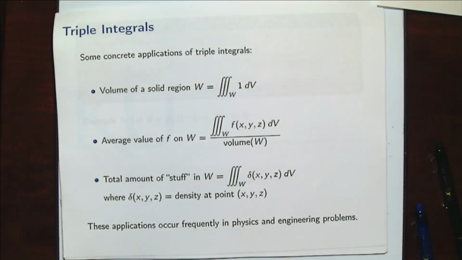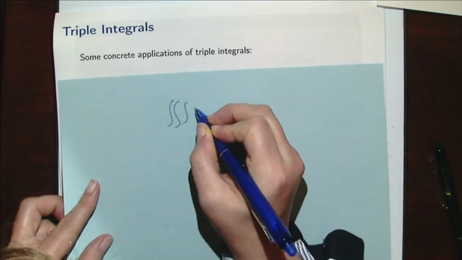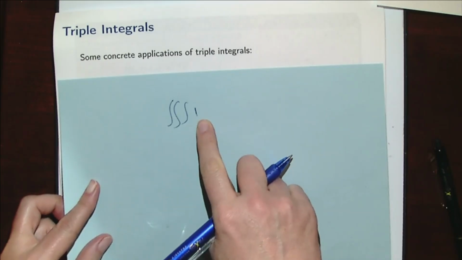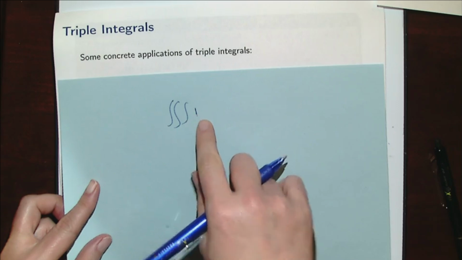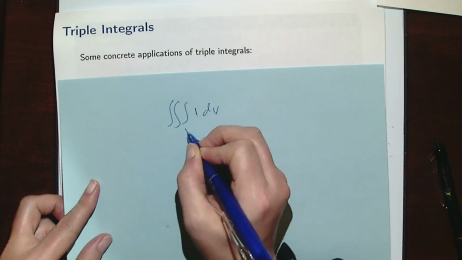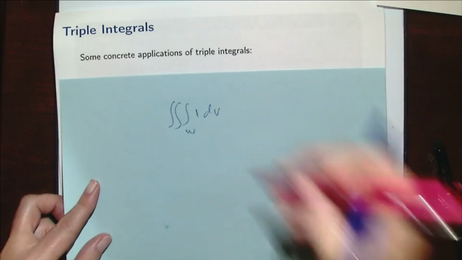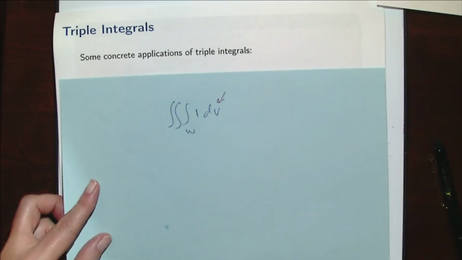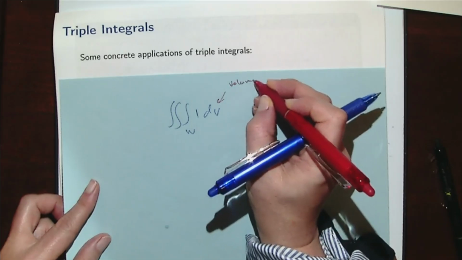Now, I want to remind you of a few things. First of all, the triple integral. If the integrand is 1, and I'm computing the triple integral, that's the notation, by the way, because it's a triple integral, you have the volume element dV.